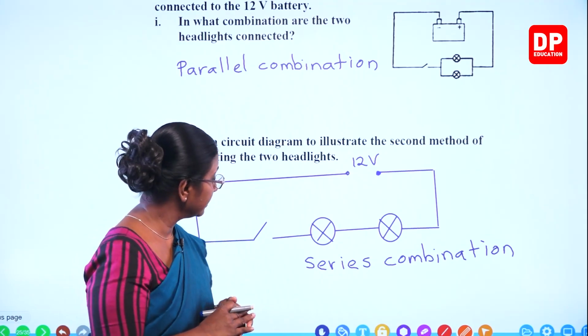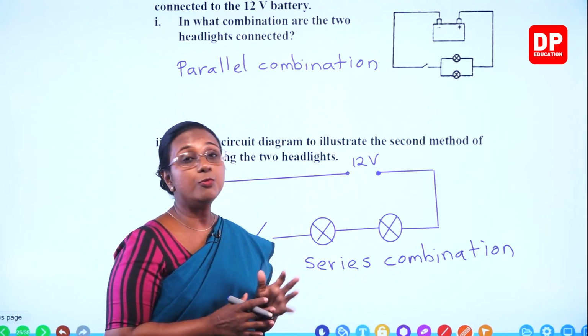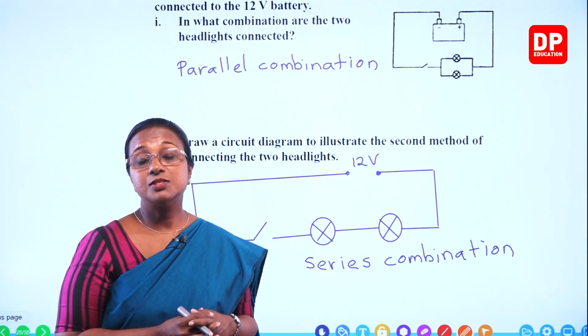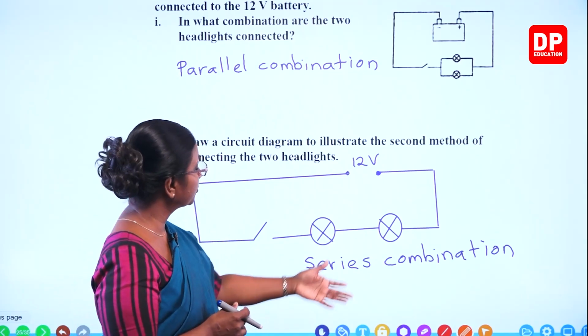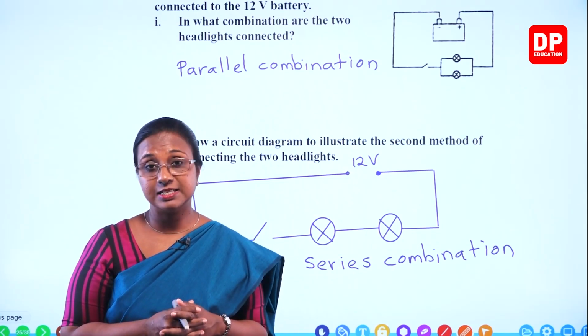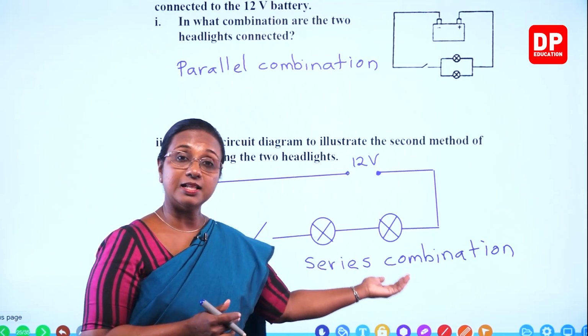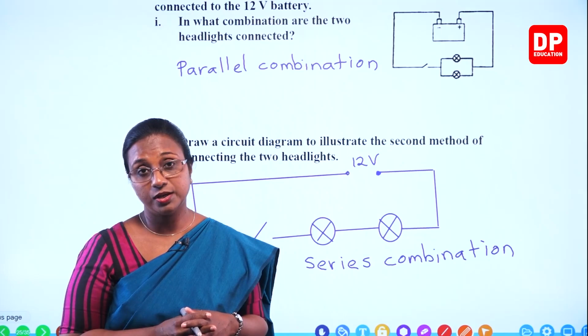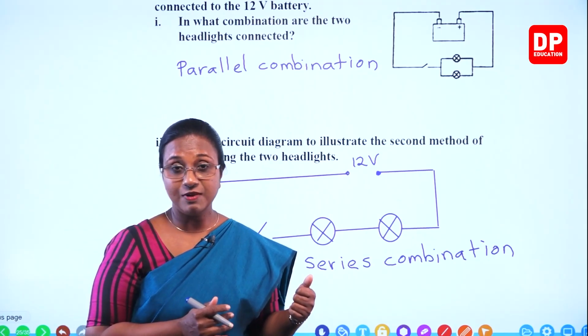The other thing is, when one of the headlights gets burnt off, it's not working, then of course both the headlights will not turn on, will not light. Even if one is working, the other one is not working, then both headlights will not come on. That is another disadvantage.